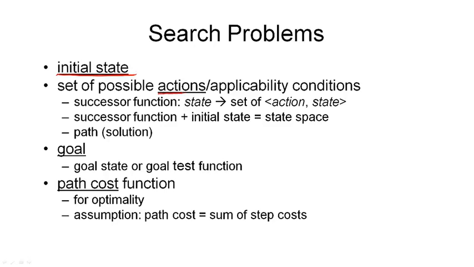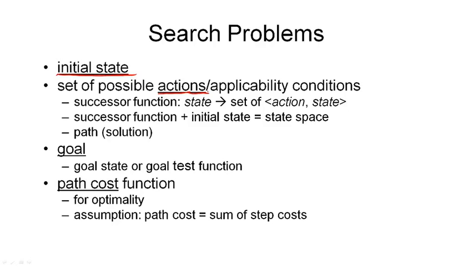Next, we need a set of possible actions. Not every action will be applicable in every state, so we will also need to define the applicability conditions for actions in states. We can define the actions through a successor function. A successor function maps a state into a set of pairs of actions and states.